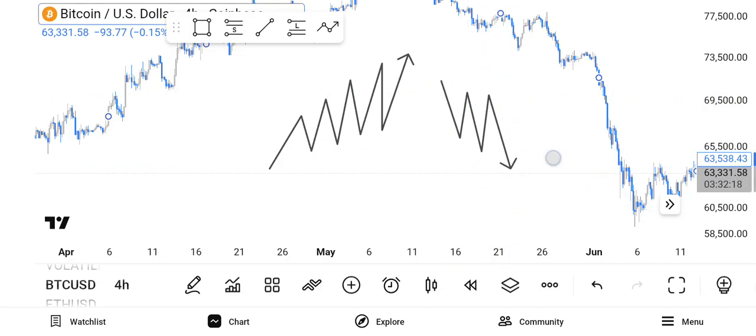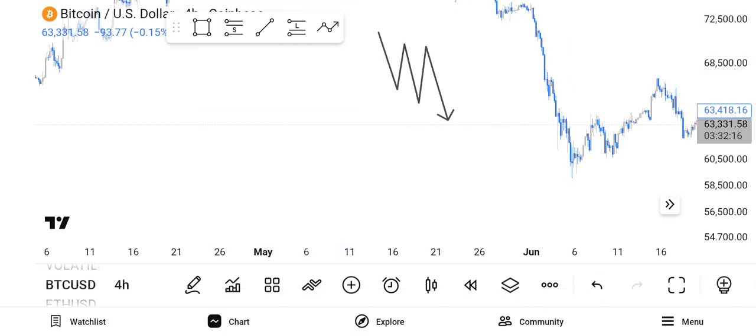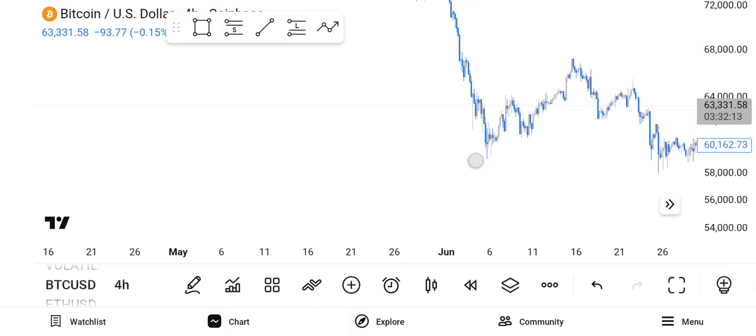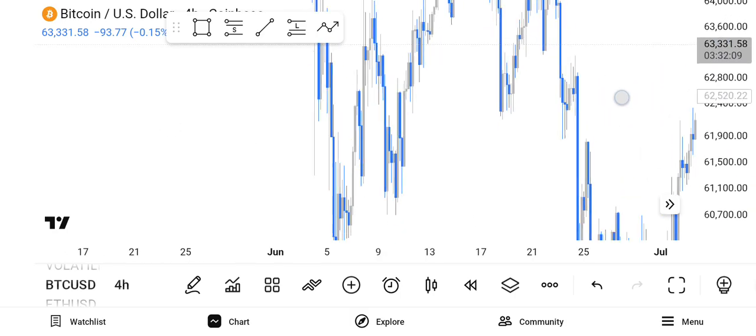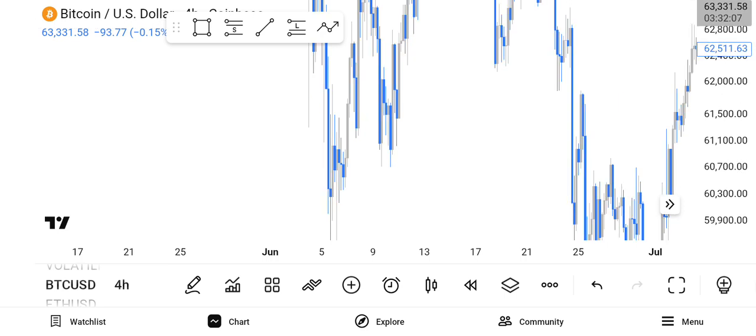A lot of people are going to be asking, how do we mark supply zones? How do we mark demand zones? For me, I literally mark my supply zones as the last candle before the impulse.